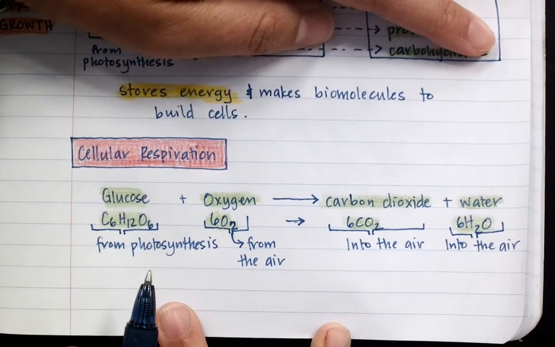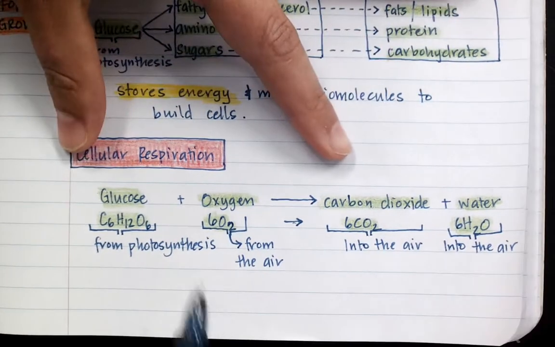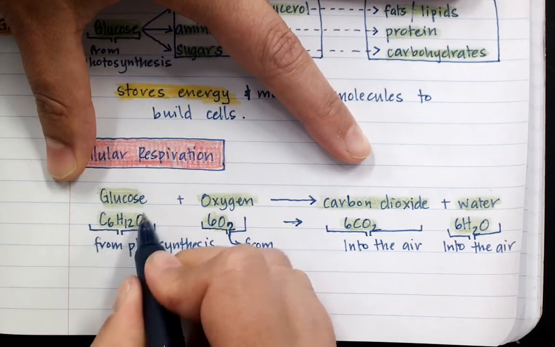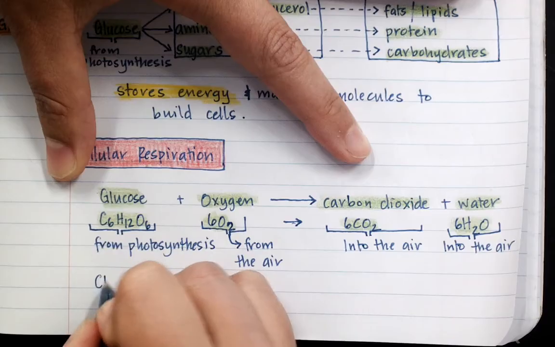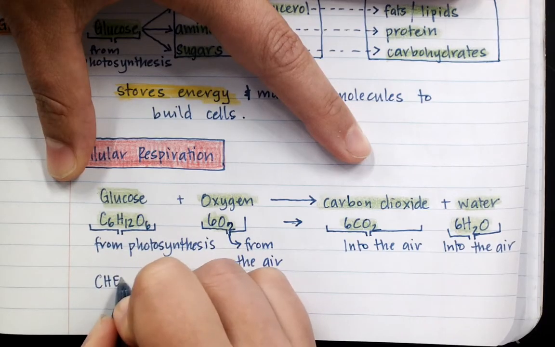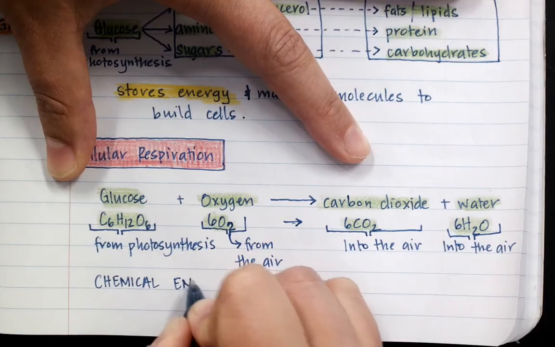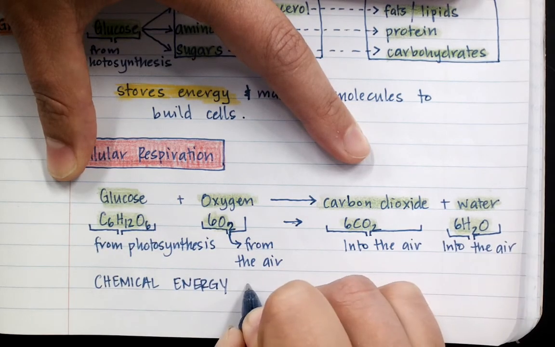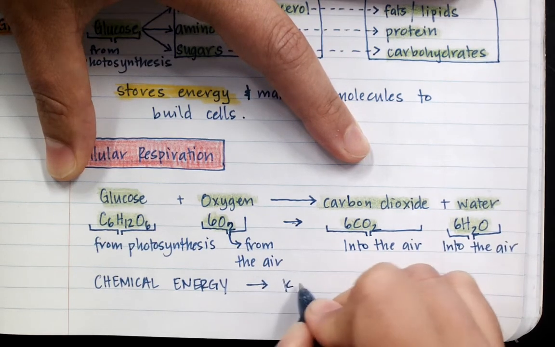Last but not least on here, we need to talk about energy. We've talked about changing matter. Now we need to talk about changing energy. Our energy is in the glucose, so it's chemical energy. And that chemical energy is going to be transformed into kinetic energy.